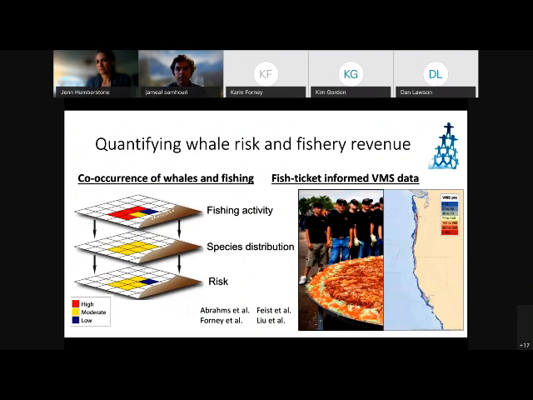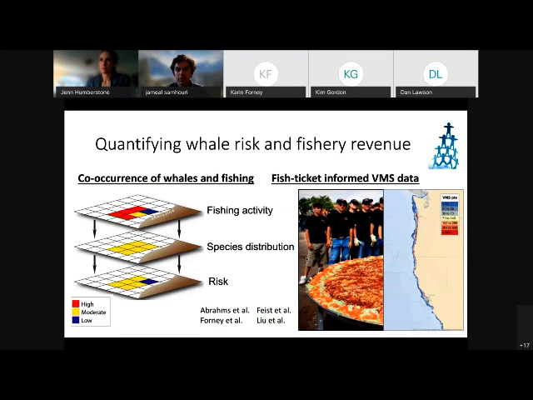I'm going to be using predictions from the model that Brianna Abrams presented for blue whales, as well as the model that Karen Forney presented for humpback whales to describe the distribution of these whales in different Dungeness crab fishing seasons.